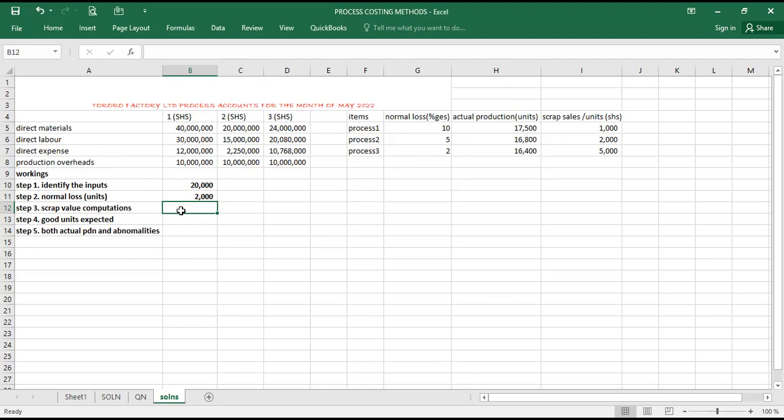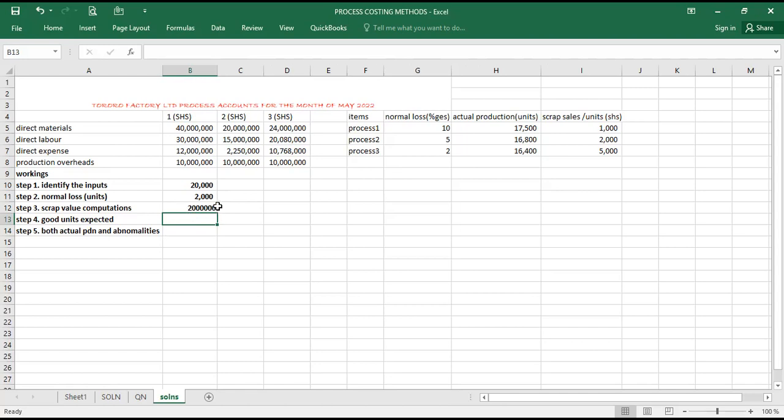So if you want to get our scrap value, these are the normal losses, we multiply by the unit cost. They told us they are going to be selling them at 1,000. So when we multiply, we shall be getting 2 million. That is the scrap value, or the scrap sales value.